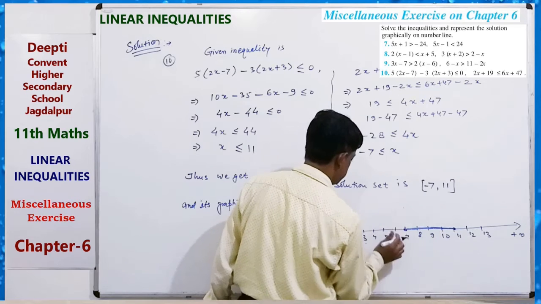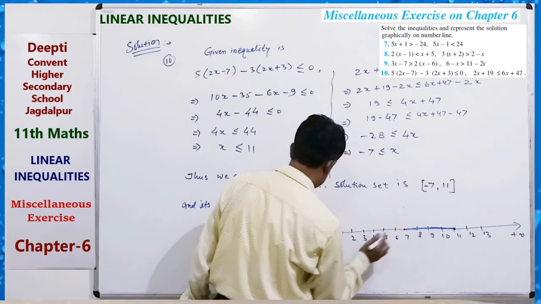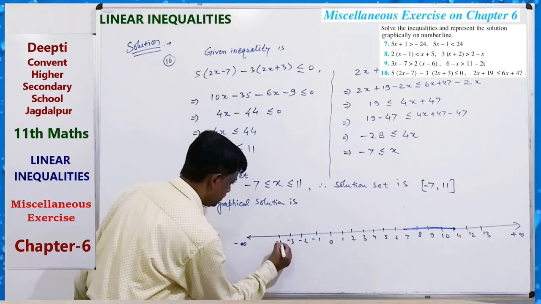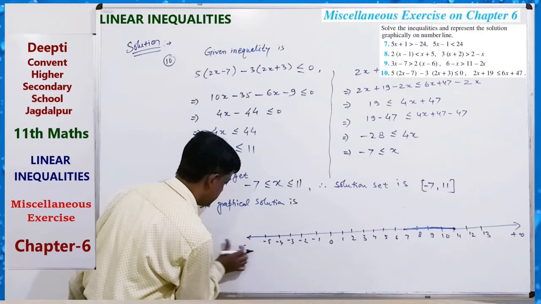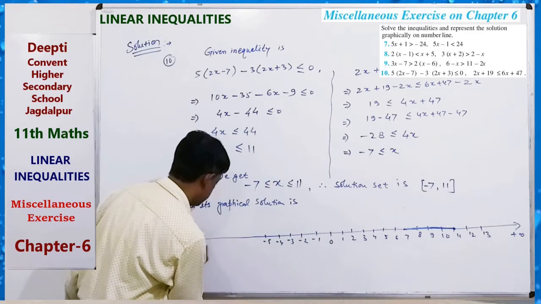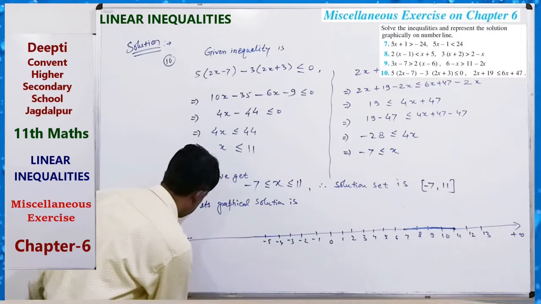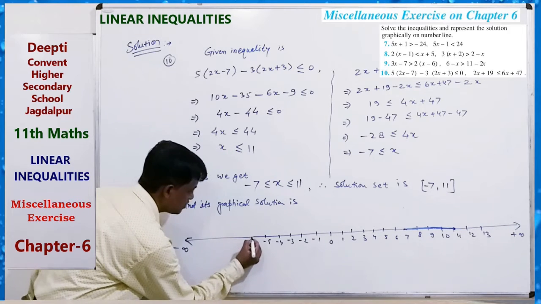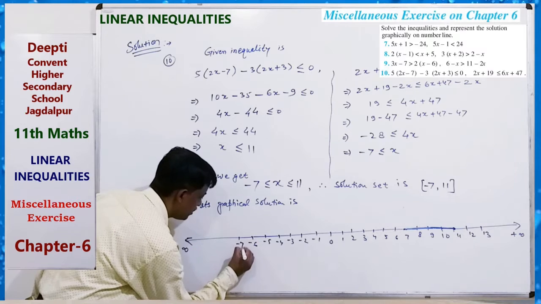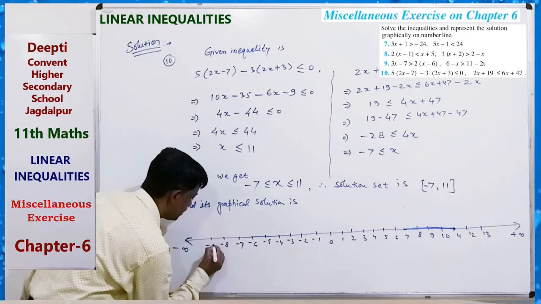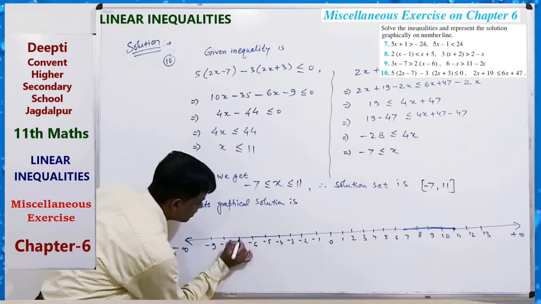So going up to minus 4, minus 5, minus 6, minus 7, minus 8, minus 9, minus 7 is bold.